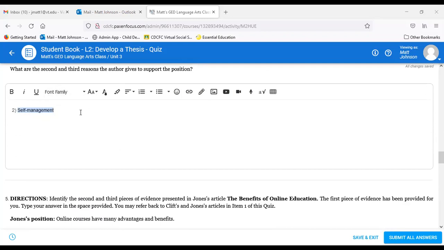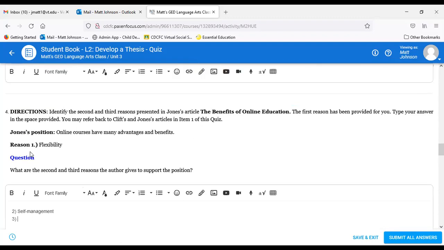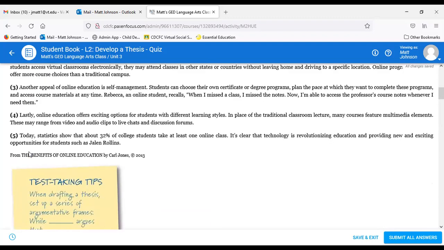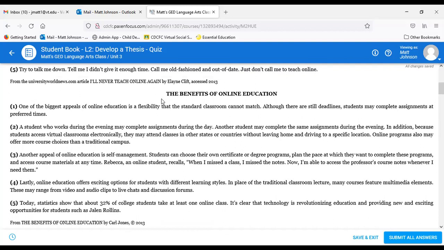Okay, and then we have one final reason for Jones's passage. So self-management is the second.